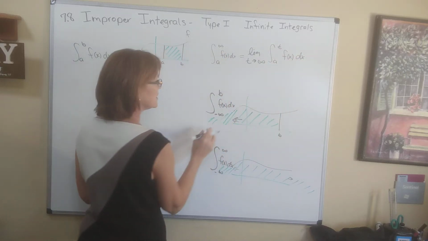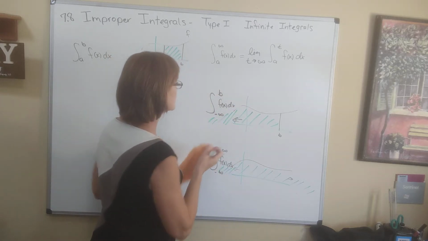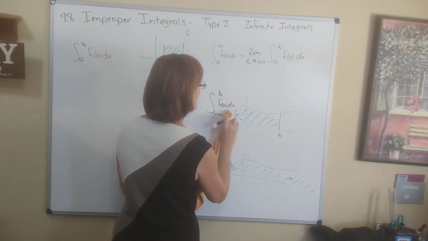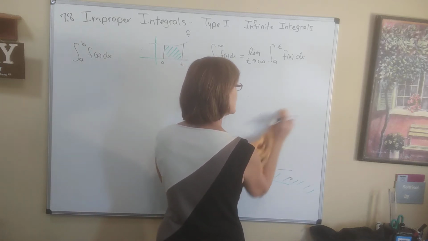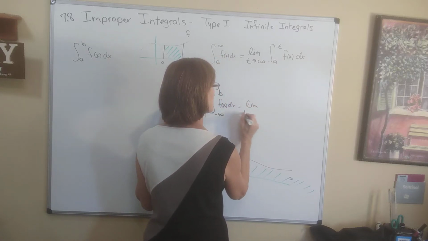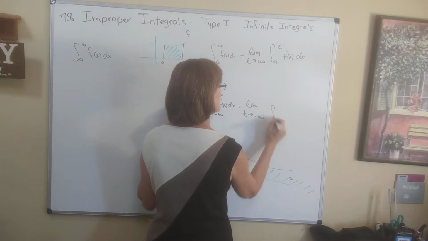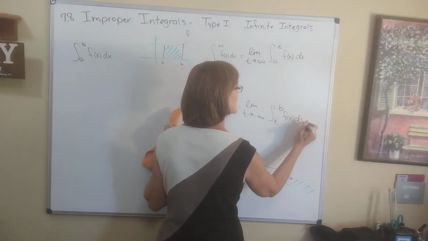In the second case right here, we would say that this is equal to the limit as t approaches negative infinity of the integral from t to b of f of x dx.